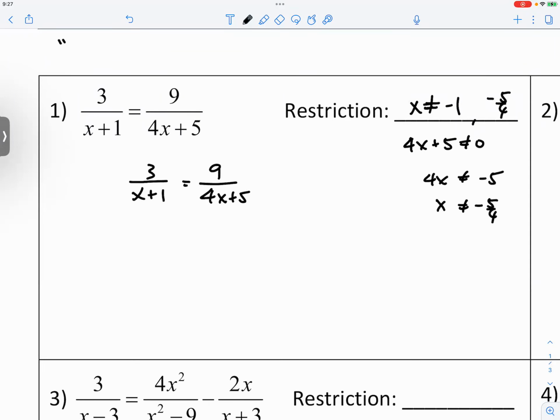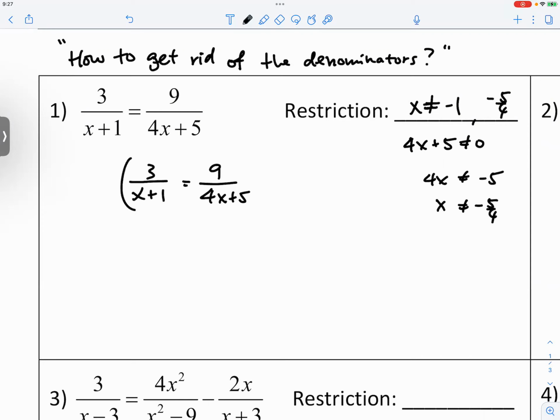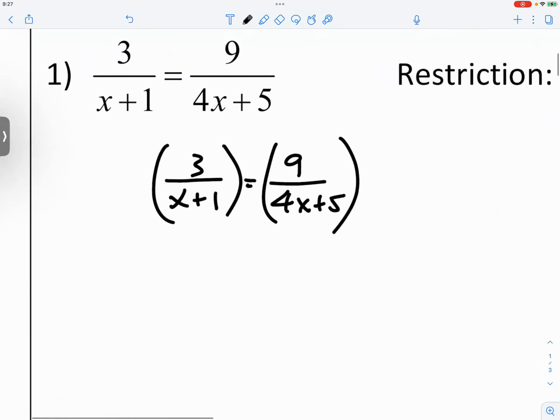So what we're trying to do today is basically doing one simple task. How to get rid of the denominators. How to get rid of them. So what can we do to get rid of these denominators here? Now, how would you get rid of x plus 1?